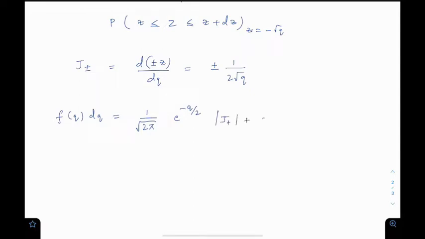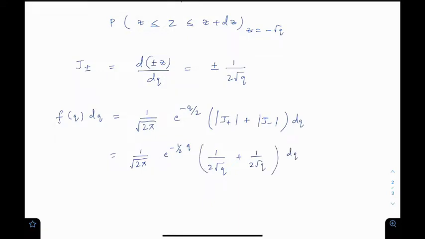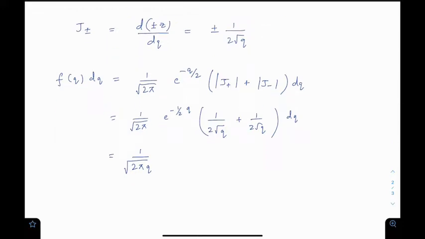We take into account both the transformations, and all in all, it comes out to be 1 by the square root of 2 pi q e to the power minus half q dq.